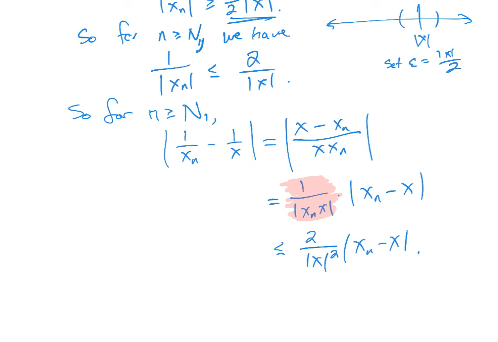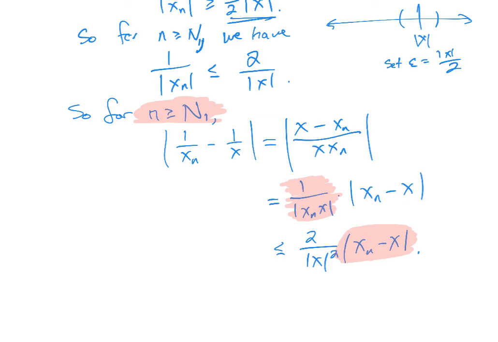Okay? This holds for n at least N1. Now, choose an N2 to make this quantity, the absolute value of xn minus x, small enough. What is small enough?